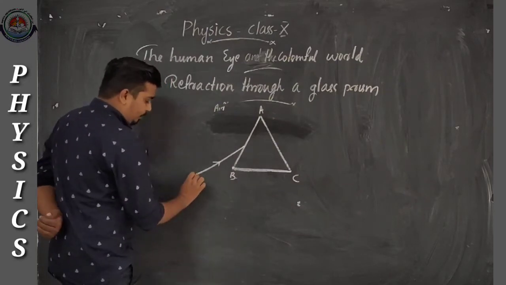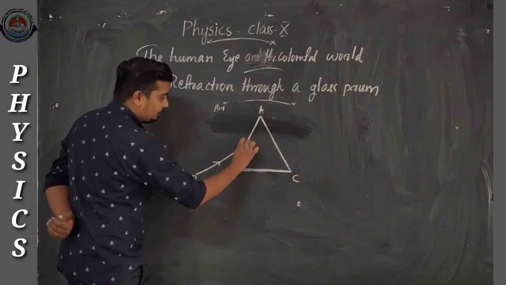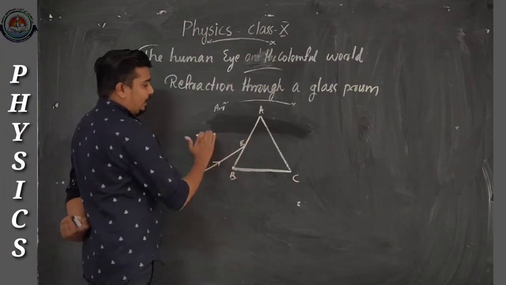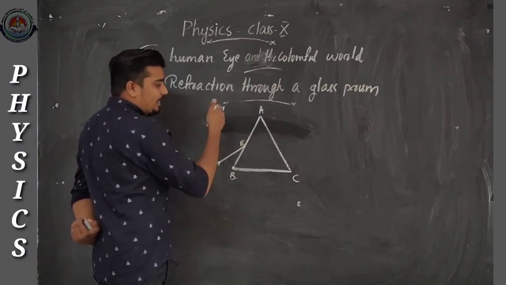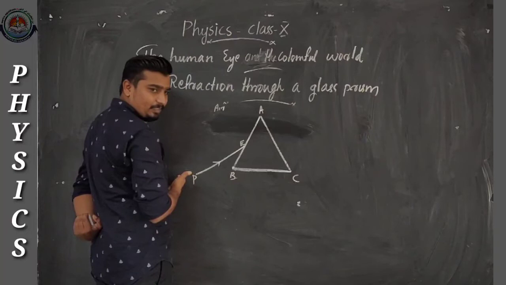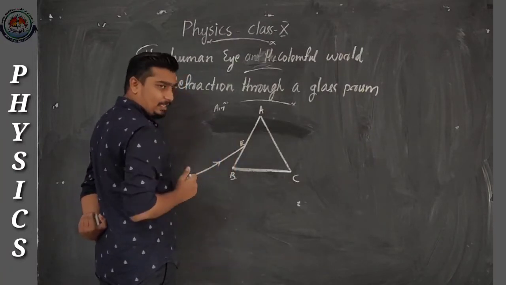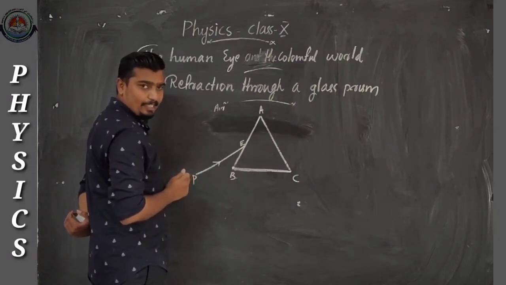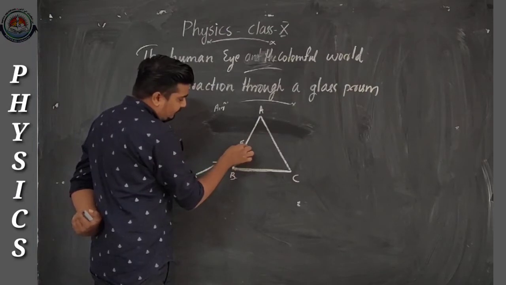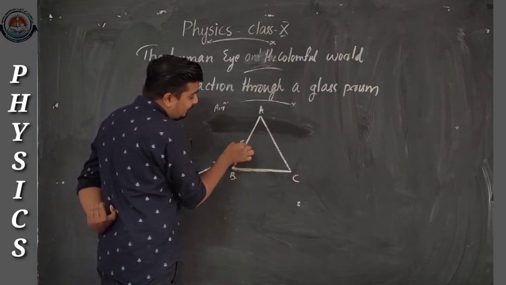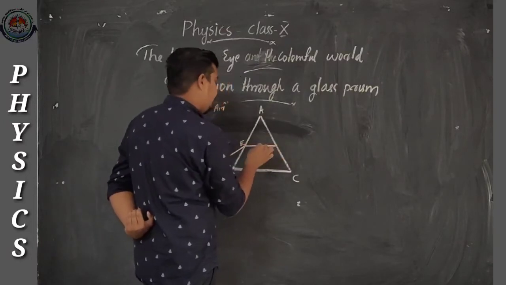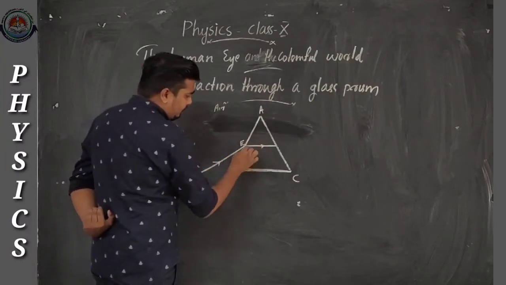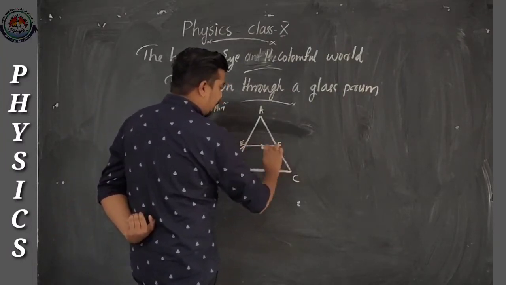Here PE is our incident light. When light comes from one medium to another medium, it bends. That phenomenon is called refraction of light. At this interface, the light ray is refracted. EF is the refracted ray.